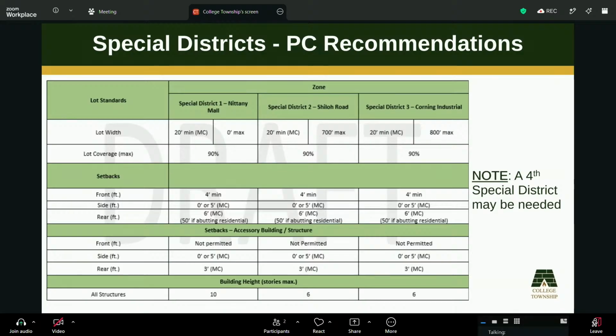PC wanted to preserve the ability for a nondescript big box type of situation along that particular part of the corridor. And they did feel very strongly about that. And so that's one of the reasons that we're here tonight, because we need to know how council feels about that as well.